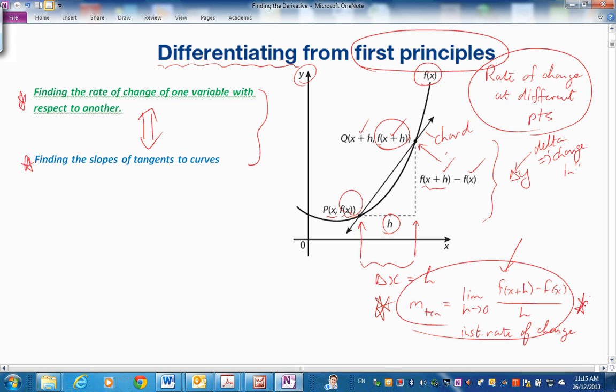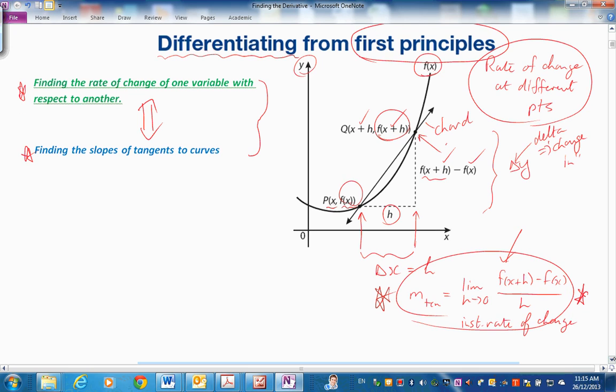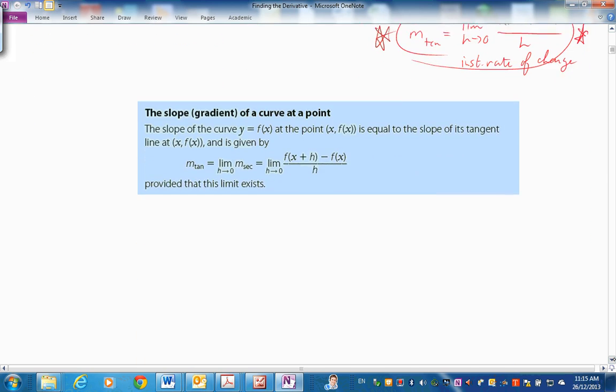If they ask us for this, find the slope of the tangent from first principles, or the rate of change, we must use this expression, the general first principles idea. This process is called differentiating. Differentiating between points on the curve as to what their rate of change is, of how quickly y is changing with respect to x. Let's come down and see some of this in action here.